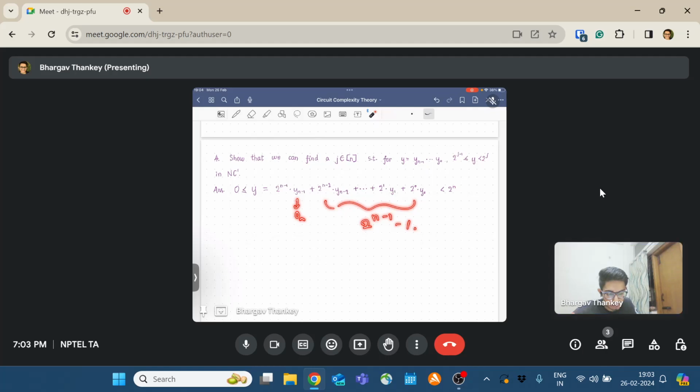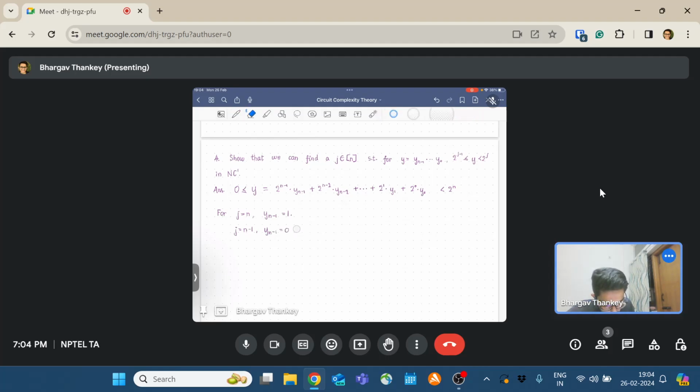So for j to be n, yn minus 1 must be 1. Okay, so what about j equals n minus 1? For j equals n minus 1, can yn minus 1 be 1? No, it has to be 0.